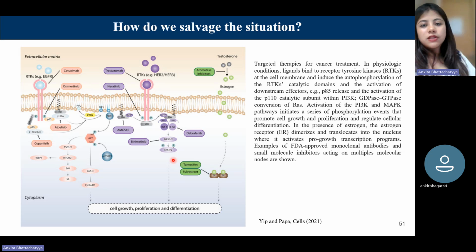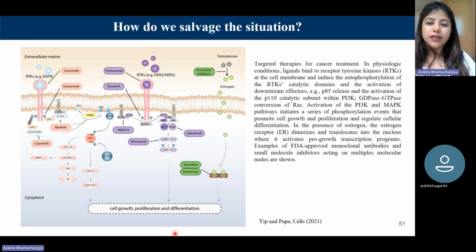But basically, what this is trying to show you overall is that under physiological conditions, ligands are able to bind to these receptor tyrosine kinases at the cell membrane, which is what we just discussed, and induce the autophosphorylation of the RTK's catalytic domains, which happens towards the cytoplasmic or intracellular side, and the activation of downstream effectors occurs.